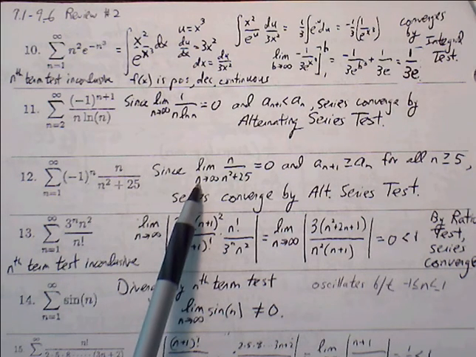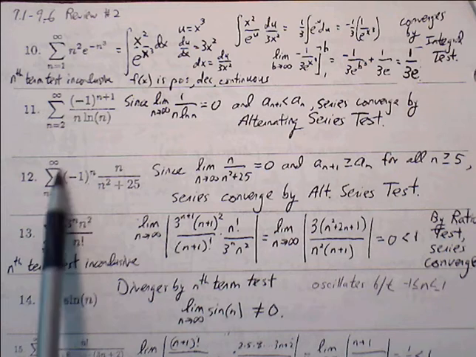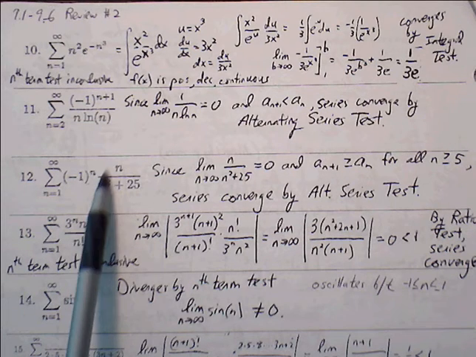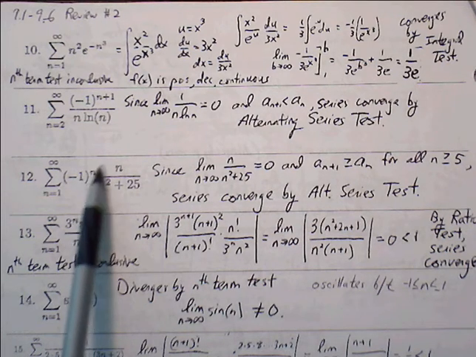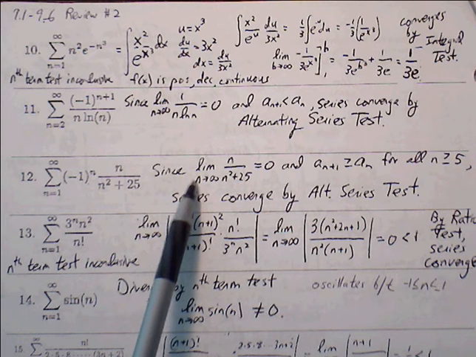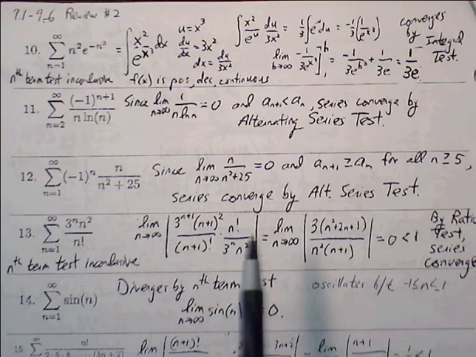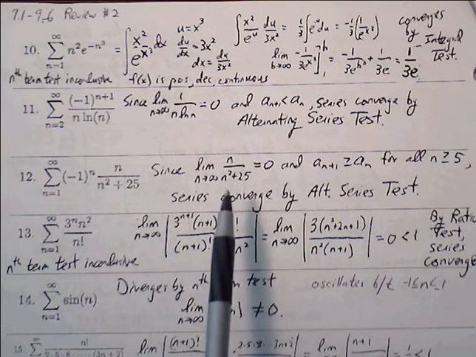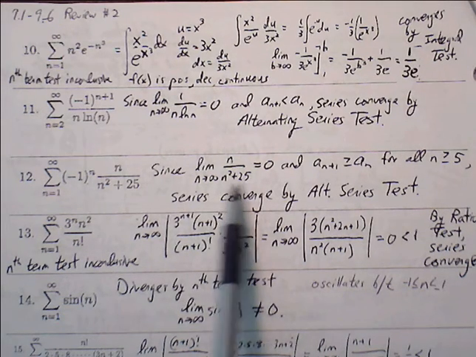Since the limit as n approaches infinity, we have another alternating series here. As long as this portion of the rule of sequence goes to 0, again, that's enough for alternating series test to pass, and the series will converge. And that is the case here.